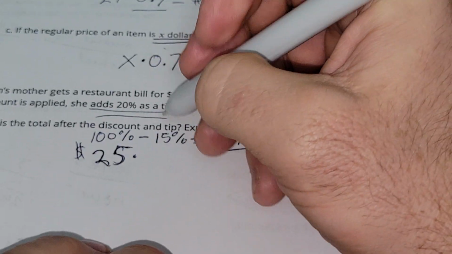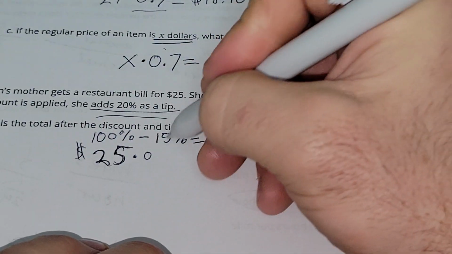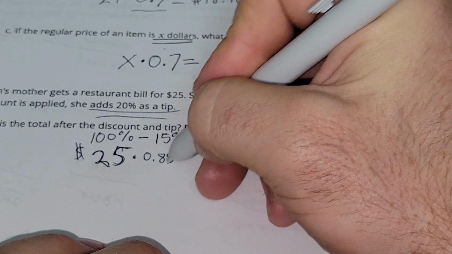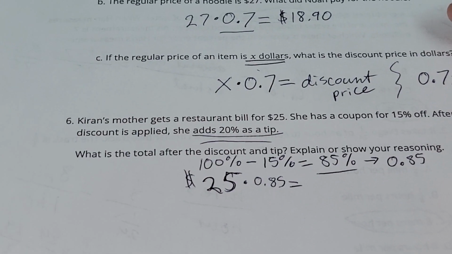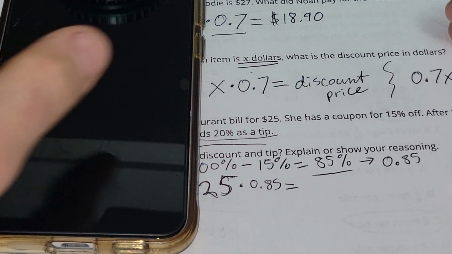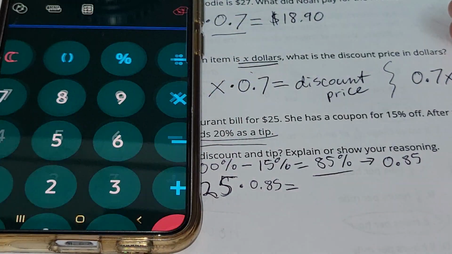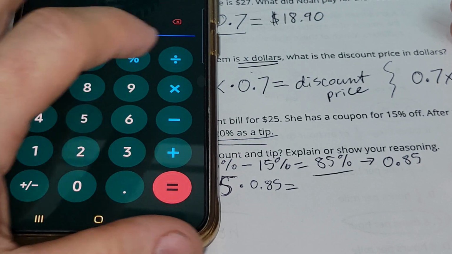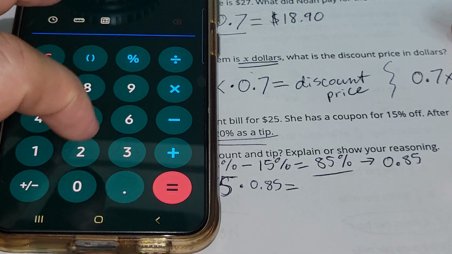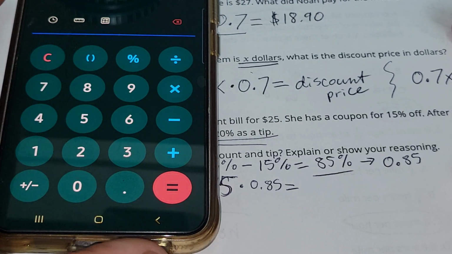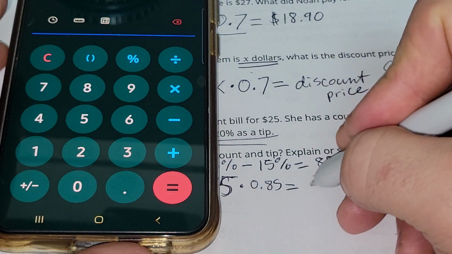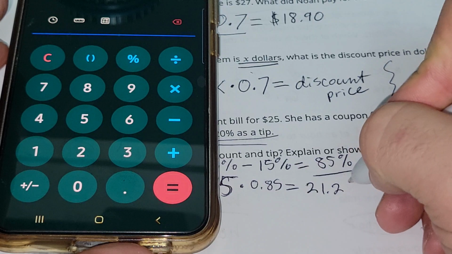So "of" is multiply by the decimal. So I have $25 times 85% as a decimal. 25 times 0.85, which is 85%, and that is 21.25.